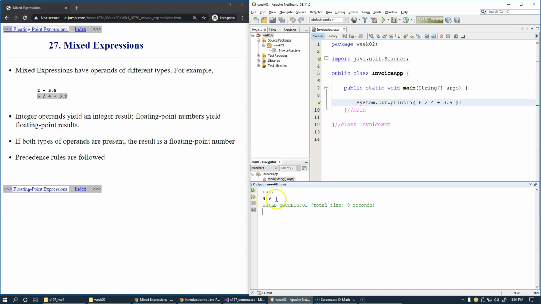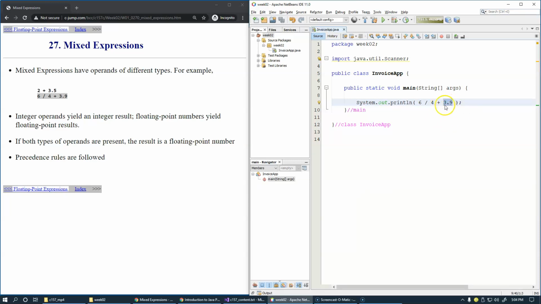This may not be exactly what some people expect. The presence of a double somewhere in this expression does not mean that the entire set of operands here, 6, 4, and 3.9, are all promoted to double. The reason is that 6 and 4 do not specify floating point of any sort, so they're treated as integers, and the division is an integral division.